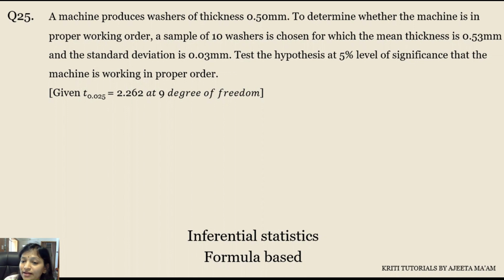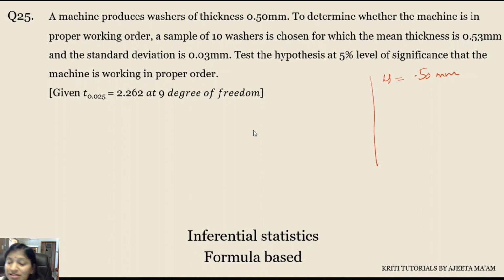So now let's list the initials first. What is given to you? You are given mu, that is population mean. The machine produces washers of thickness 0.50 mm. So what is our population mean? 0.50 mm, and that will be very important for us because that will help us to make the null hypothesis.